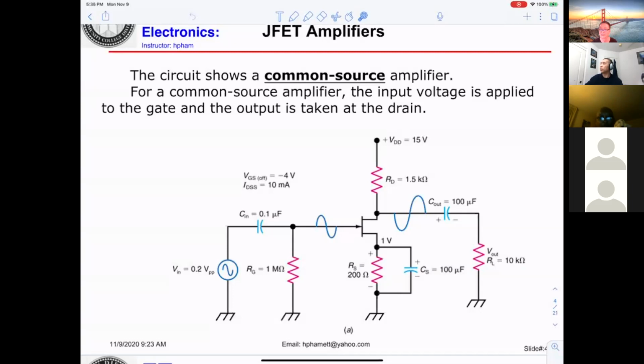That means you understand. Without the graph, they must give you something else: either VS or the current ID. Now they give you the voltage VS equal to 1 volt.